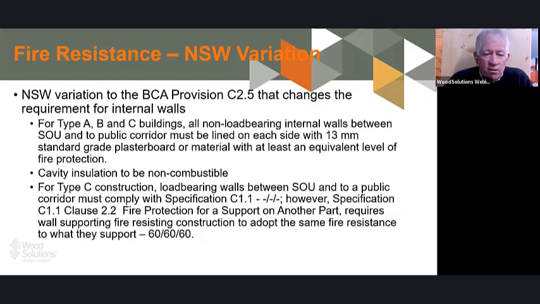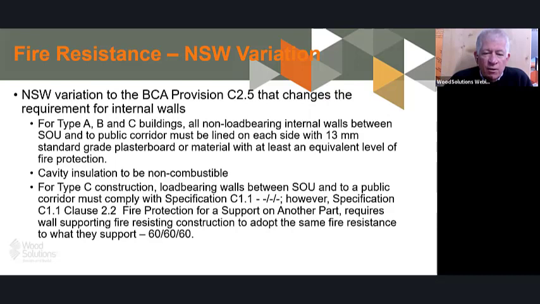However, specification C1.1 clause 2.2, fire protection of supports of another part, requires that if something supports a fire rated element, in this case, remember we had a requirement that all the floors need to be 60 minutes, then what supports the floors is required to be also fire rated.